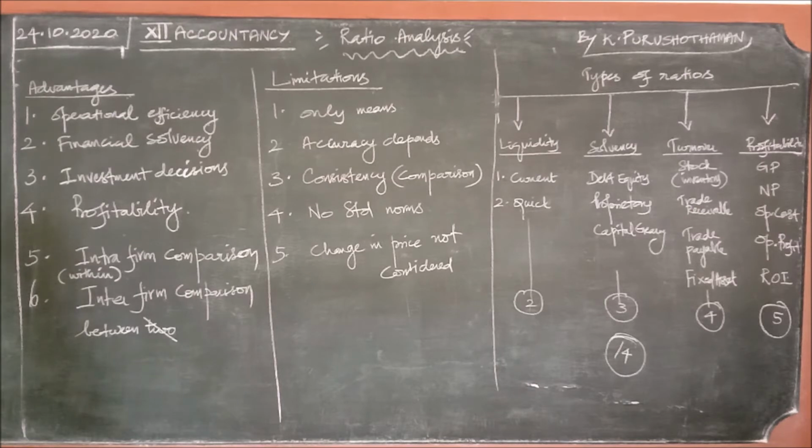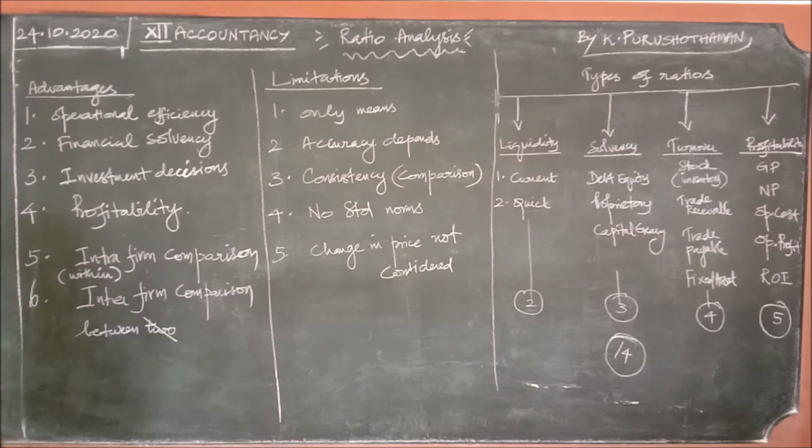And if the performance of the purchase section is compared with that of the sales section, if these 2 sections are compared within the same industry, it is called intra-firm comparison. That is within the business. ஒரே பிசினஸ்ல இருக்கக்கூடிய different departments compare பண்ணா, that is called intra-firm comparison.